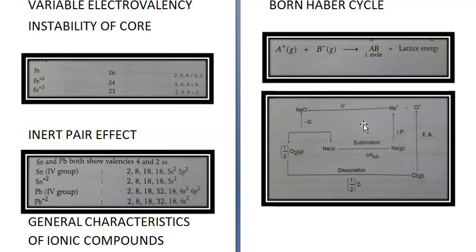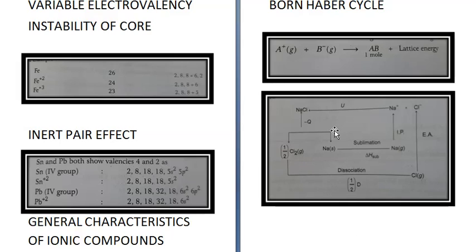This NaCl, the 2Cl minus, they combine together to form Cl2, and then Cl2 dissociates to give Cl, which gives you Cl minus. So these are the changes: minus Q, and here dissociation, minus half D, because 2 molecules of chlorine are dissociating, so half of this energy.